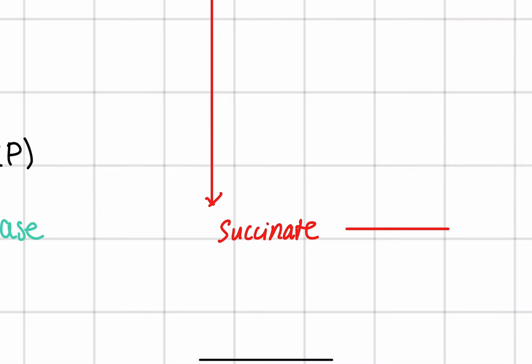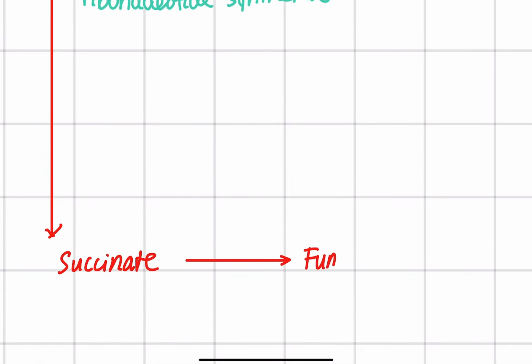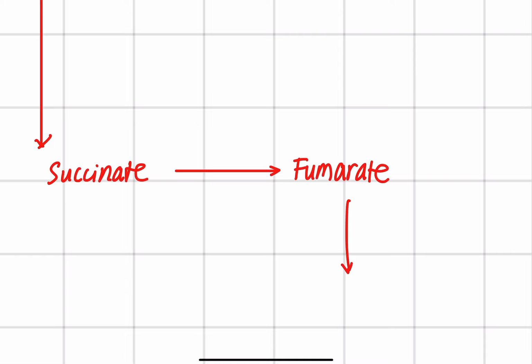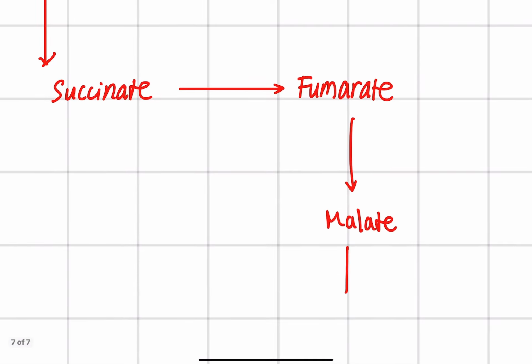What do you do? You form fumarate. Malate. Oxaloacetate. Right?